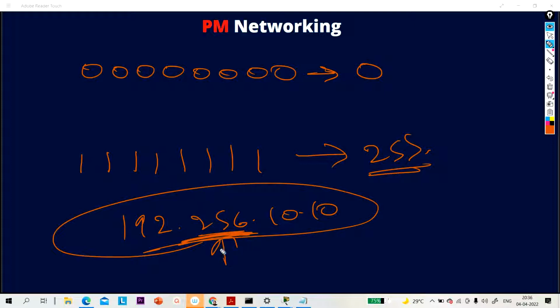Why can't I write 256 here? Because it is greater than 8 bits. It is not possible to write more than 255 by using 8 bits. By using 8 bits, you can write at most 255 in decimal. So that's the reason this is an invalid IP address.